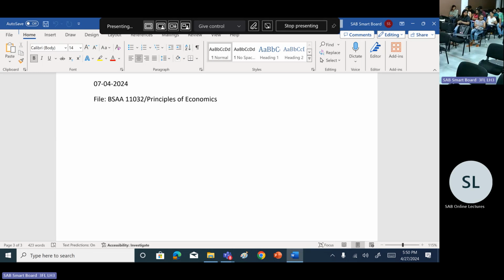Remove the brackets and check. A plus b times (y minus 100 minus 0.2y) plus I plus G plus X minus M0 minus my.